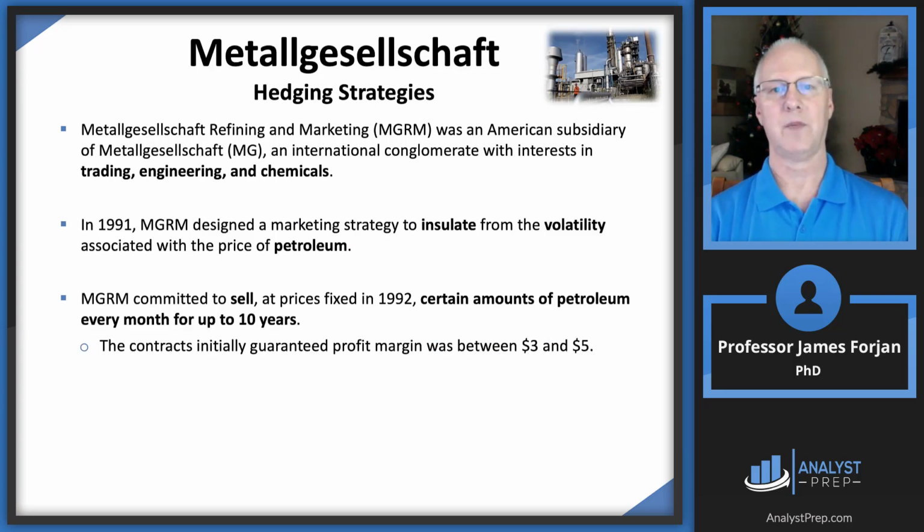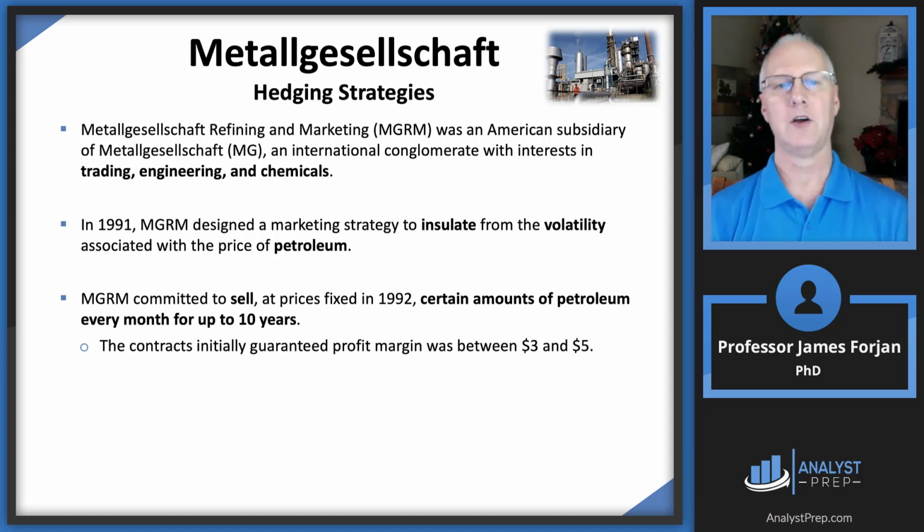Now here's an example of a hedging strategy. This German firm, Metallgesellschaft, goes back about 120 or 130 years, and it was really just kind of a mining company. But over the years, whenever you have a commodity, what did I do with the price of oil? The price of oil goes up and down. So the prices of commodities do that.